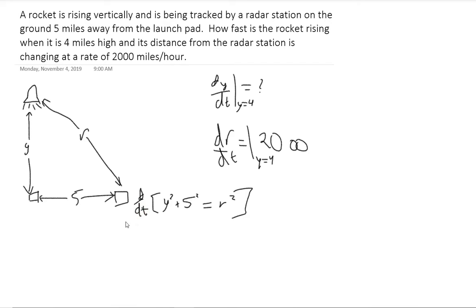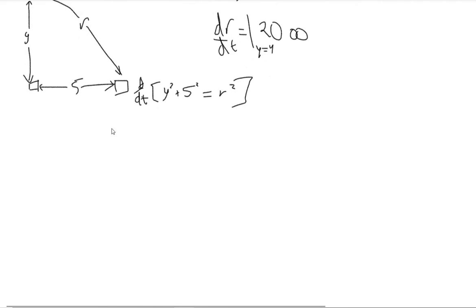d over dt. Now we take the derivative of everything. The derivative of y squared is 2y, and now you're going to have to write dy/dt, the rate of change. What's the derivative of 5 squared? 0.